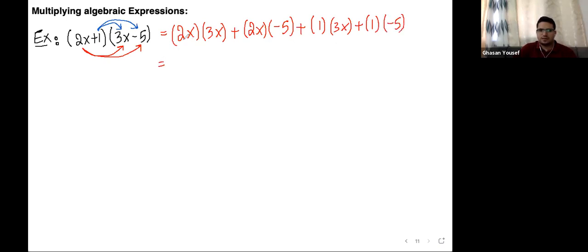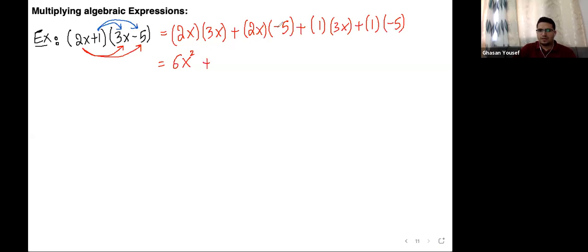When we multiply the 2x with 3x, we multiply the numbers together and the variables together. So 2 times 3 gives me 6, and x times x gives me x squared. Same base x, the exponent here is 1 and the exponent here is also 1, so 1 plus 1 gives me 2.